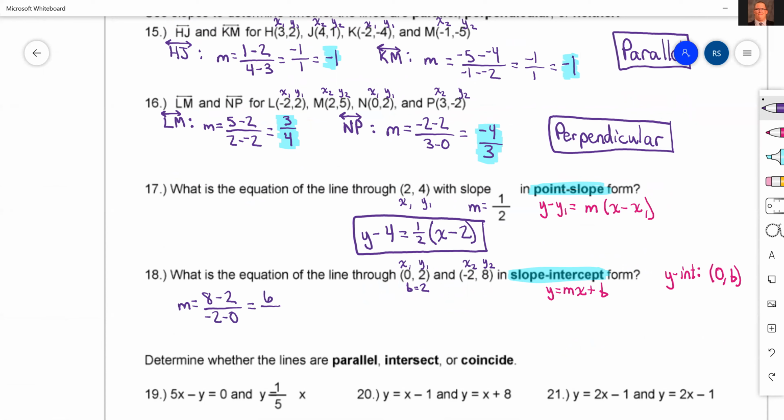Negative 2 minus 0 is negative 2. 6 divided by negative 2 is negative 3. So now I know my slope, I know my intercept. Let's write the equation. y equals negative 3x plus 2. There she goes.